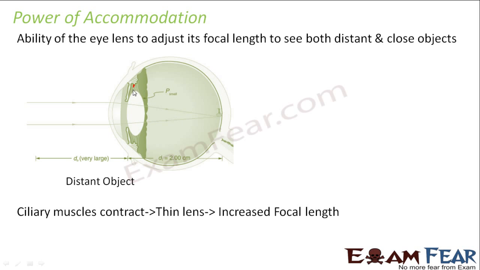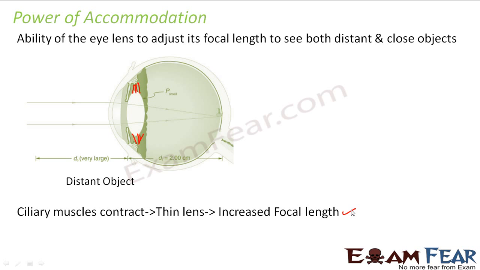As I mentioned before, these are my ciliary muscles. When they try to come closer to each other, they make the lens thinner. So when the ciliary muscles contract, the lens becomes thinner, and a thinner lens has greater focal length. So your focal length increases.